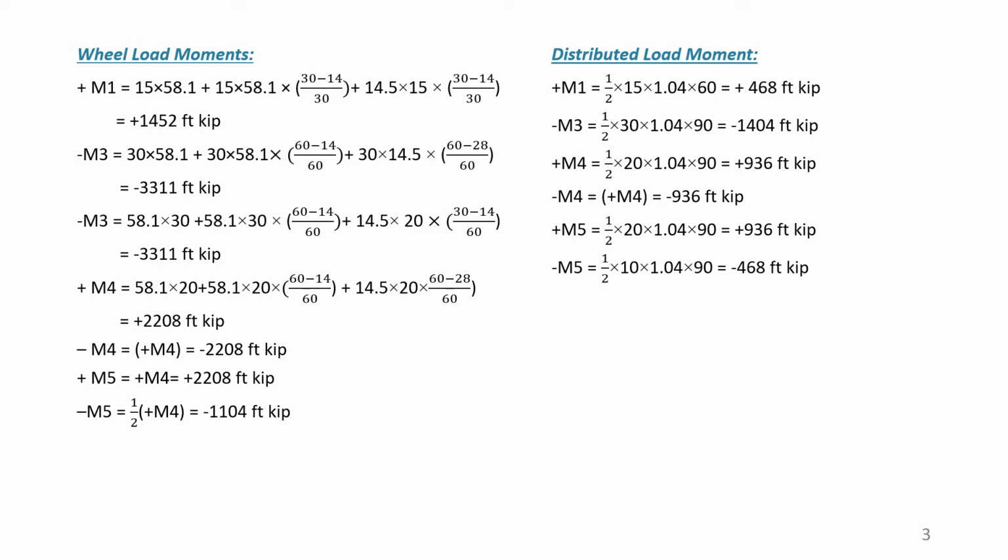The last one is 14.5, the ordinate at the top is 30, and we have to multiply that by 60 minus 28 by 60, this ratio, and this gives us a minus 3311, whatever the moment unit is.